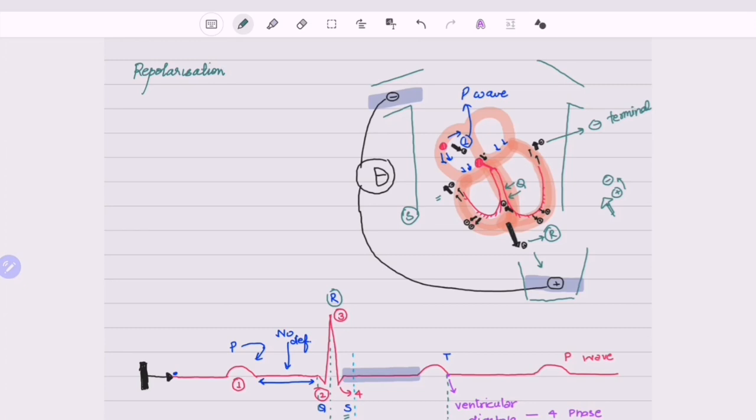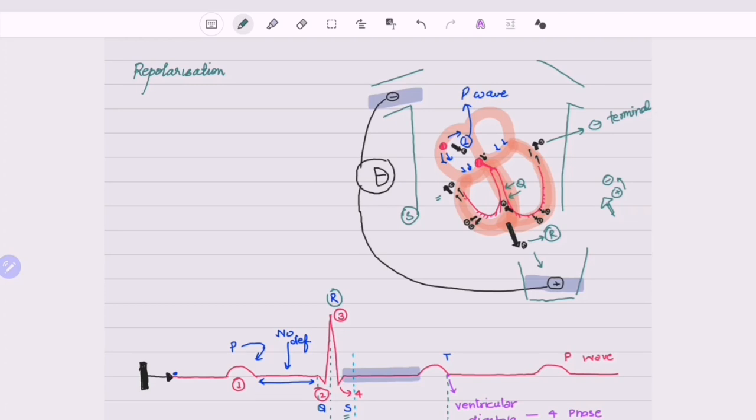As we have already discussed, the last point to depolarize is the first point to repolarize, but in the ventricle there is a fast conducting fiber. Now the point came about the repolarization of the heart.